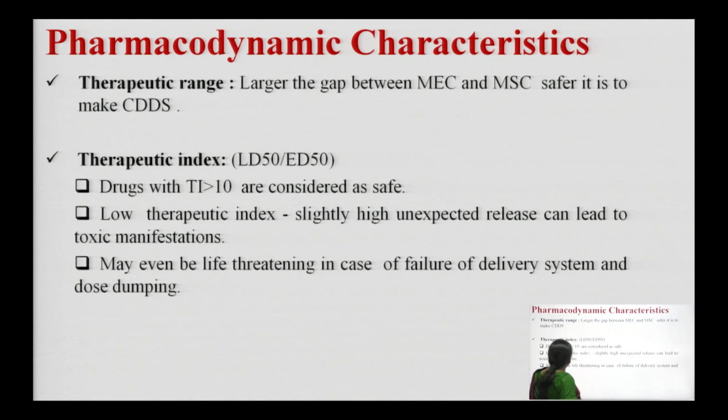Next pharmacodynamic characteristic of the drug is the therapeutic index of the drug. Therapeutic index is defined as the ratio between LD50 and ED50. LD50 is lethal dose in 50% of the population, whereas ED50 is effective dose in 50% of the population.